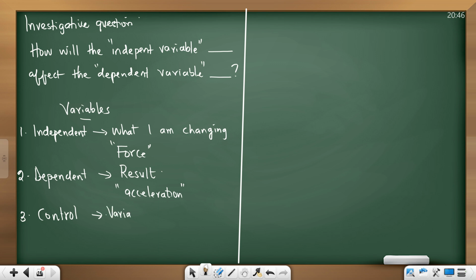A variable that is not changing. And this is to make the experiment fair. If they ask you why do we need a constant variable, it's to make the investigation fair.